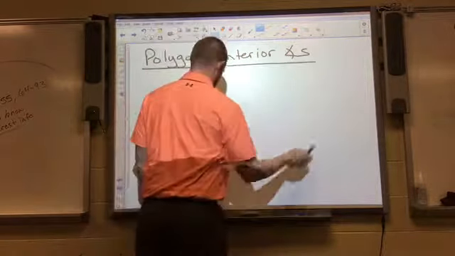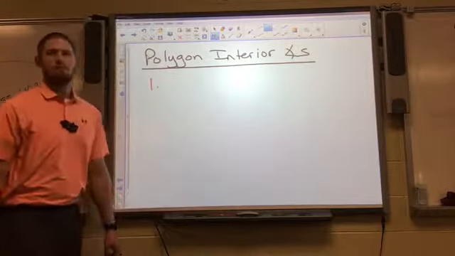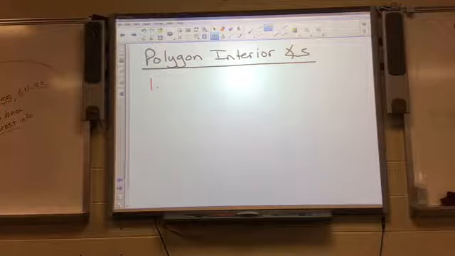And then we'll do theorems numbers 1 and 2. We have to be very careful and pay close attention to the wording on these, because the wording is going to give away whether we can or cannot use these.